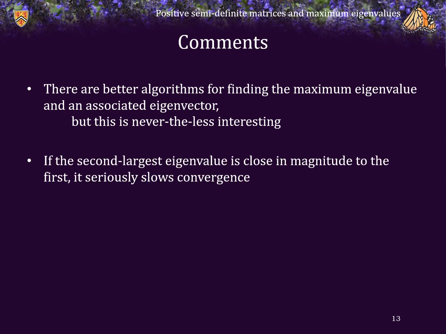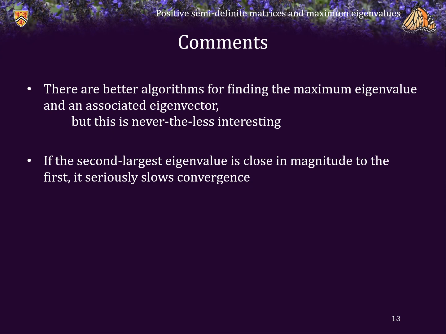Now, an important thing is we introduced this discussion by describing positive definite and positive semi-definite matrices. What this did is it guaranteed us that the largest eigenvalue was positive. However, that's not guaranteeing that this will converge quickly.